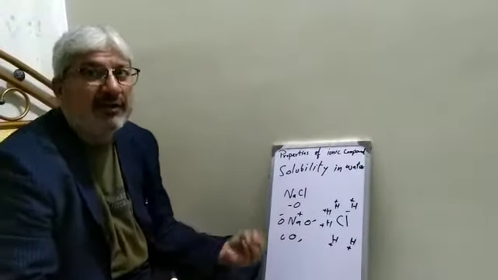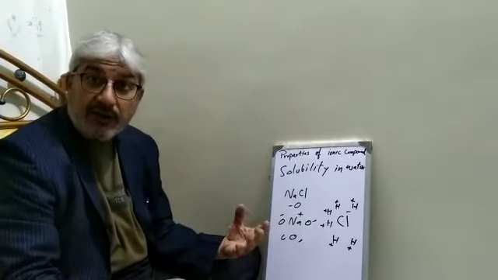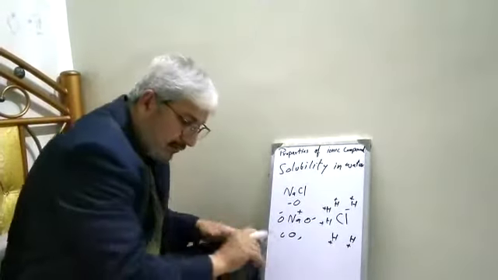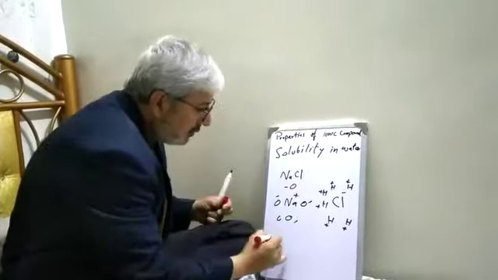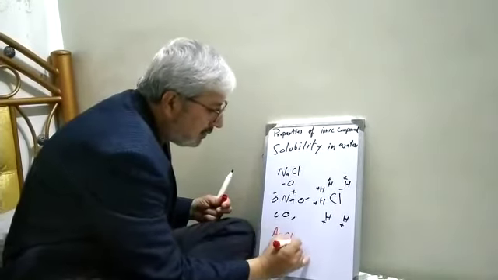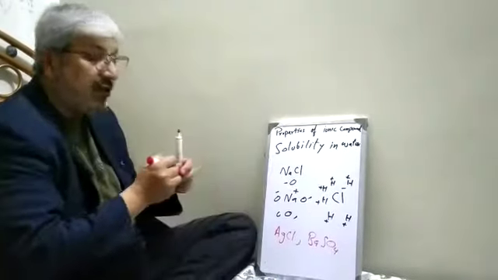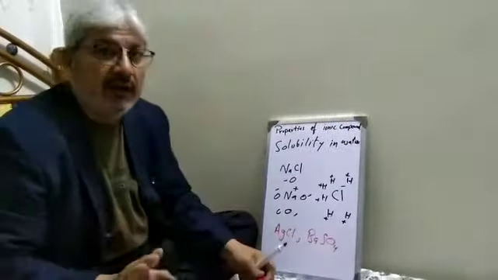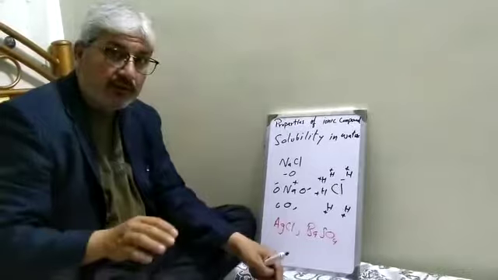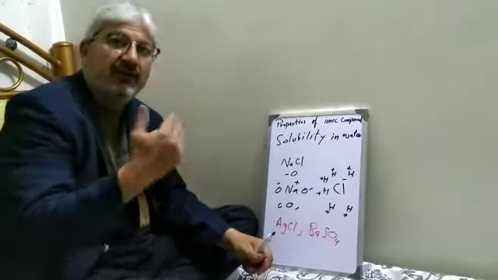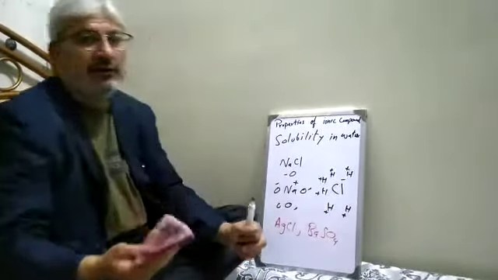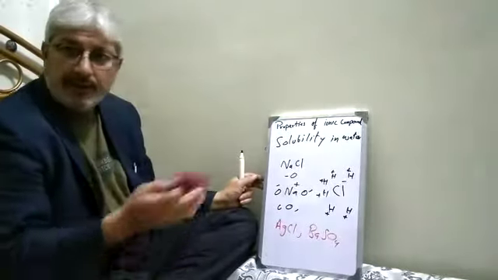Though there are some ionic compounds which are not soluble, for example silver chloride, barium sulfate, etc. They are ionic, but their bonds are very strong, so they are not soluble. Further, we will study these in our other chapters. Okay, I hope that you have understood it.